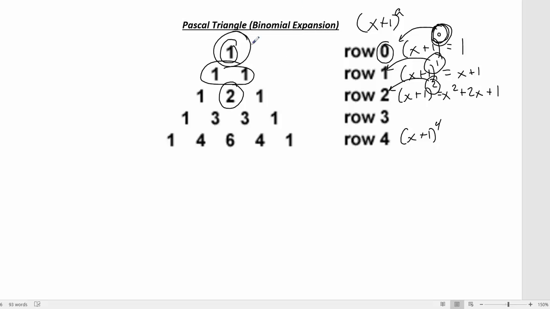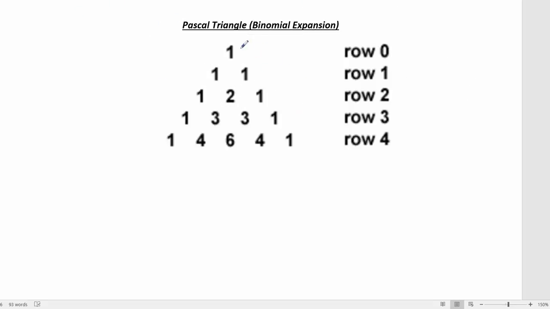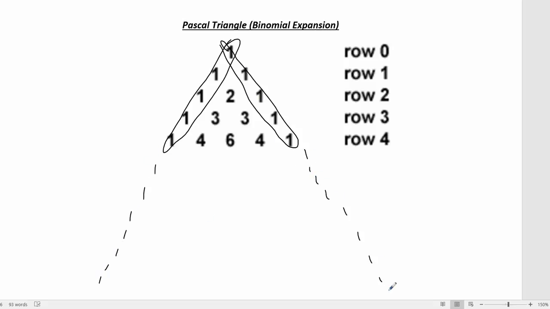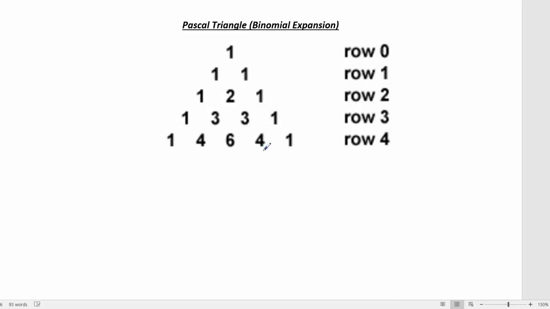Now, how do we actually get this triangle? Because that's something we need to understand as well. If I look, these sides here are always going to be 1. They're always going to be 1 all the way down. And I got to find the numbers that go in here. Well, how do I do that? Here's how I do it.